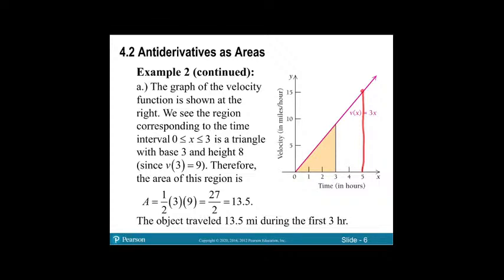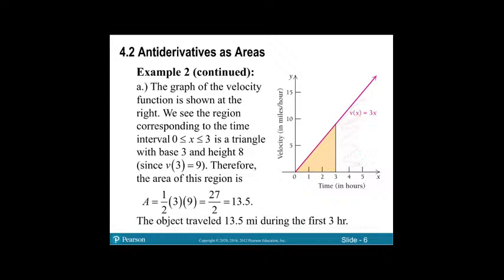So 1/2 the base times the height: 5 times 15 is 75, and half of that is 37.5. So the big triangle will be 37.5, and then we subtract the 13.5. That leaves the remaining area of this region, which should be 24 miles.